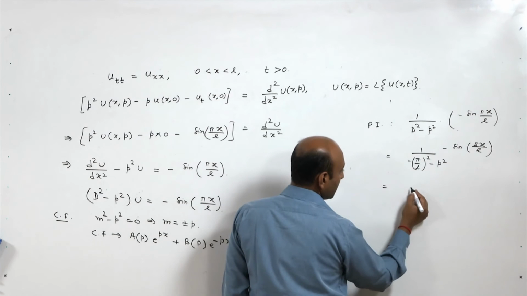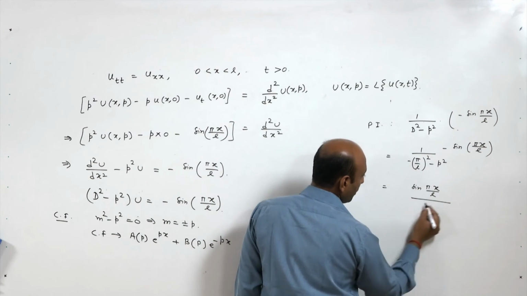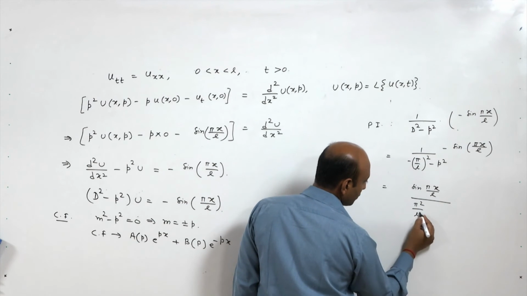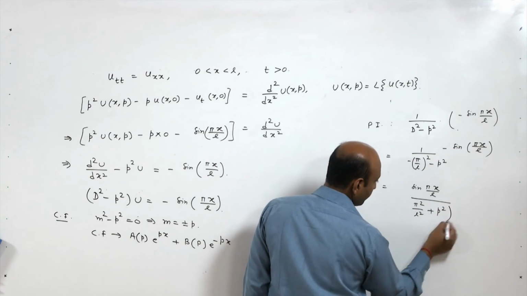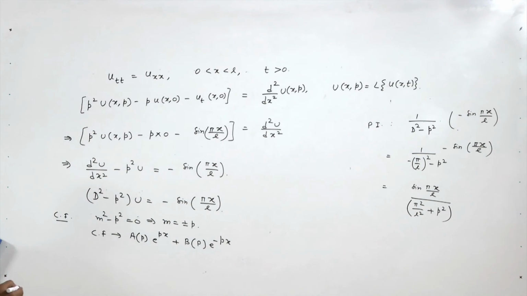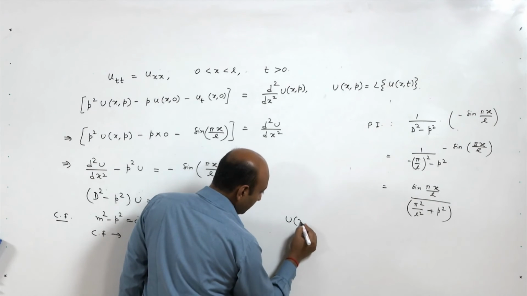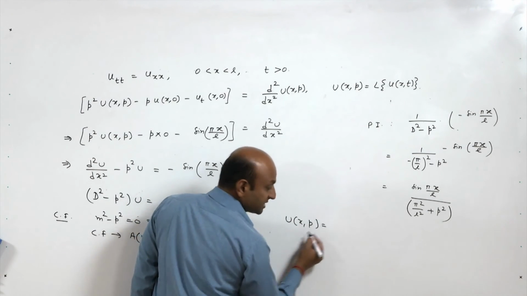So, this is nothing but sin(πx/L) upon (π²/L² + p²). So, what will be the complete solution, that is capital U? Capital U(x, p) will be nothing but CF plus PI.